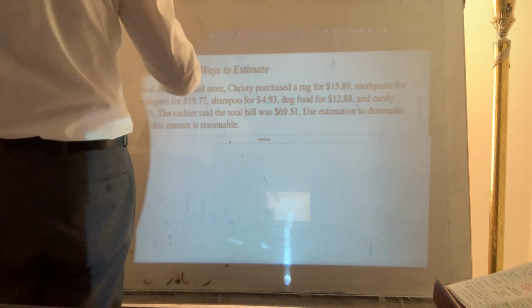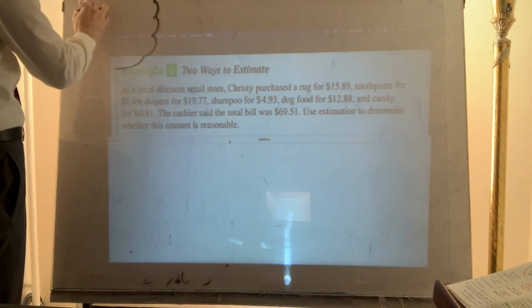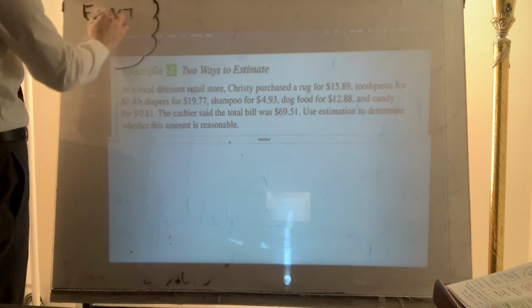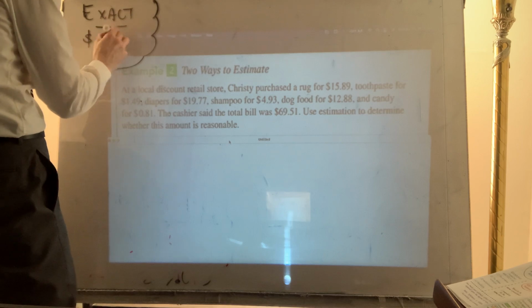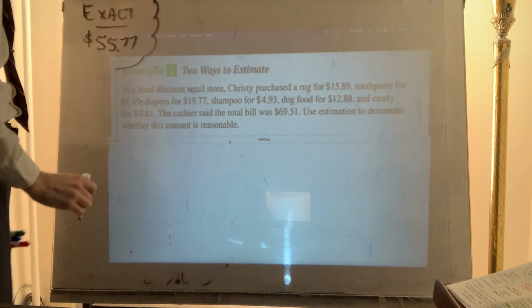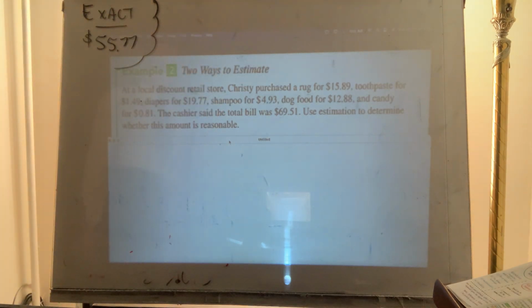Just for your own sake, if you actually added these all up, the exact answer should be, I believe, $55.77, right? Which means that the person who was the cashier either lied or just wasn't adding correctly, right?